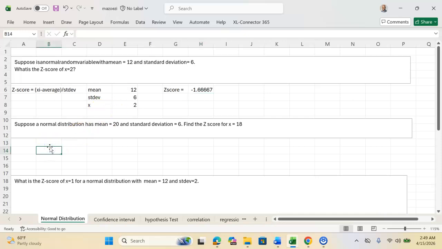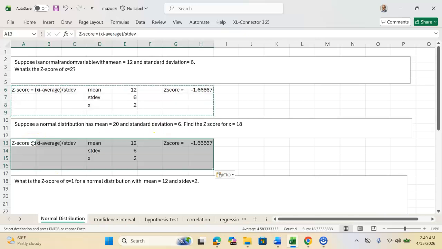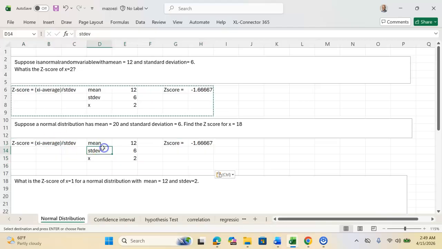It says, suppose a normal distribution has a mean of 20 and a standard deviation of 6, and we need to find the z-score for x when x is 18. We're going to do exactly the same. I'll copy everything because the questions are the same, paste it here, and all I have to do is change these values.